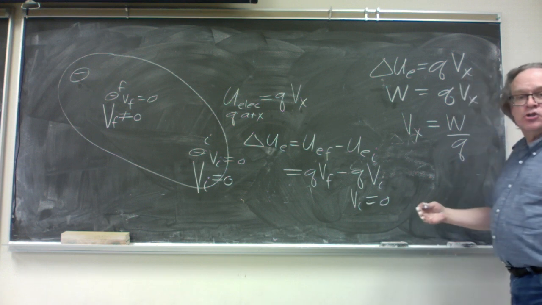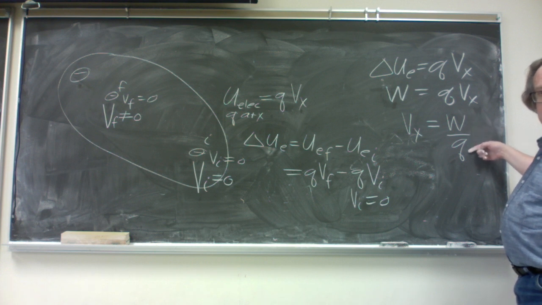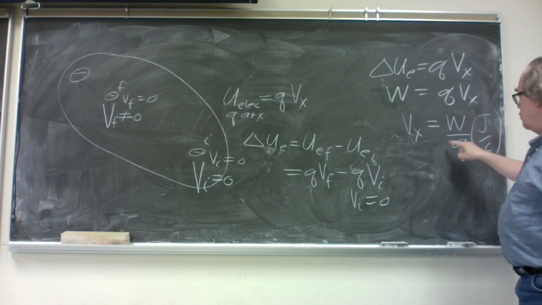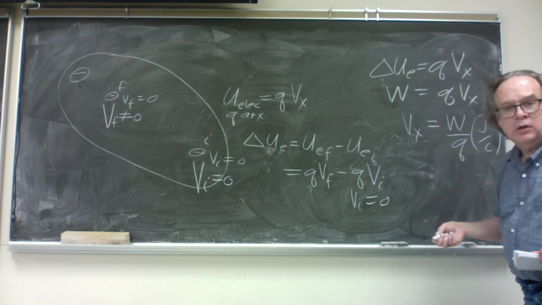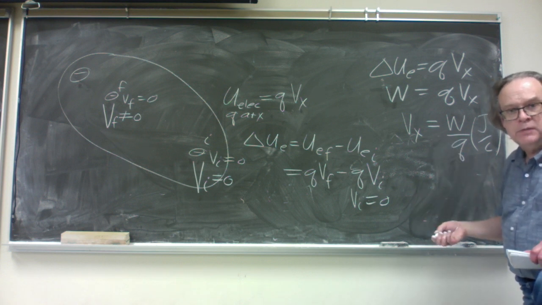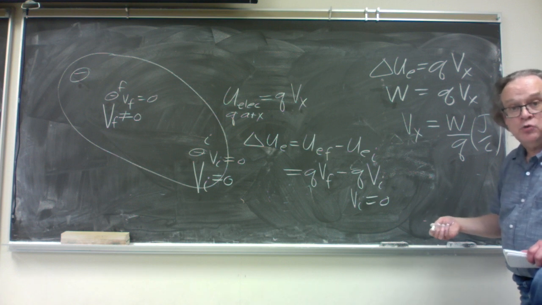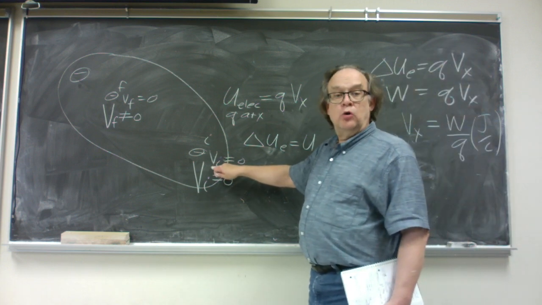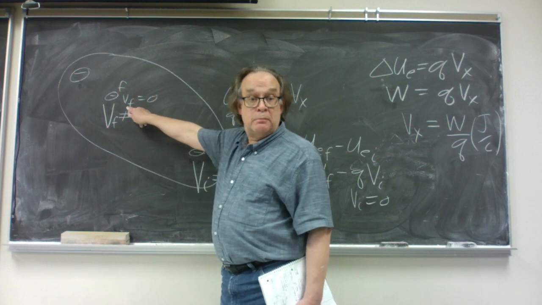So potential at any point is a certain amount of energy divided by charge, or joules per coulomb. In other words, a number for potential tells you how many joules of work you have to do to move 1 coulomb of charge from far away to that point.